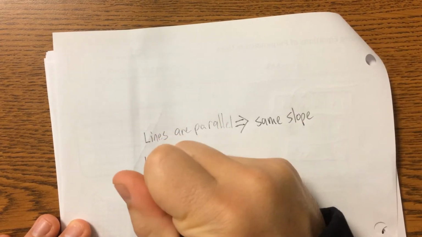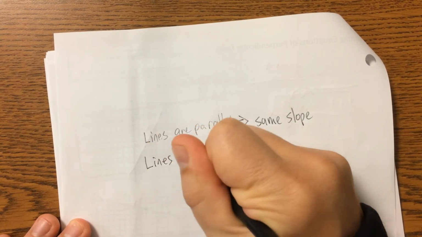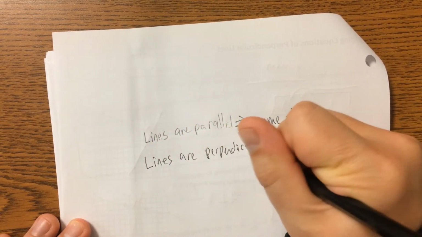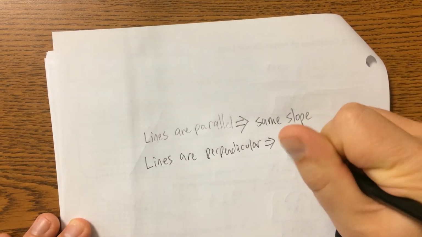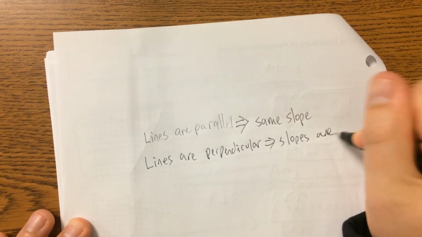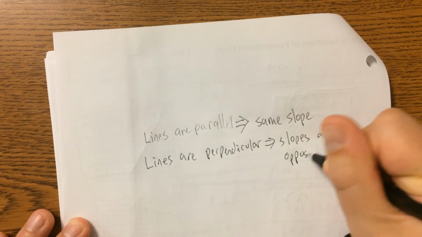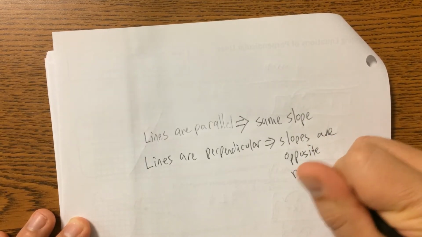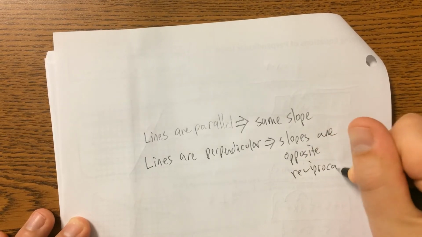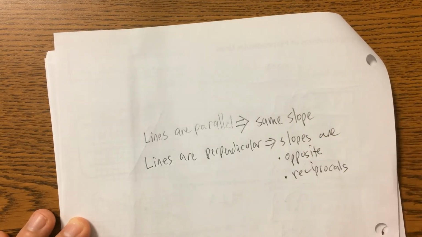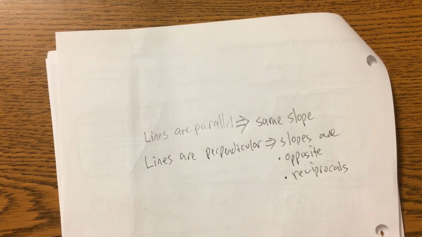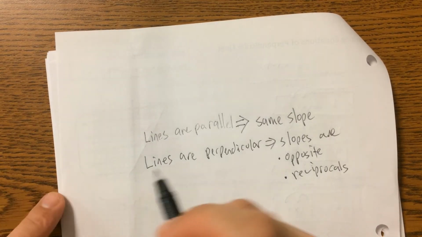But if they're perpendicular, the slopes are opposites, but also reciprocal. So one's positive, one's negative. So they're opposites, meaning one's positive, one's negative, but they're also reciprocals. So you flip the fraction.